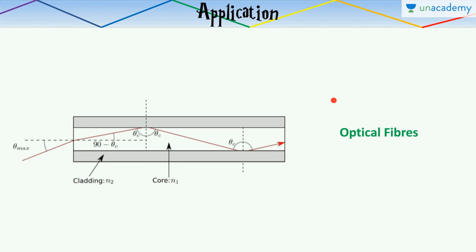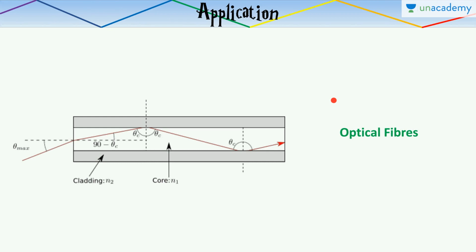It transports light from one end of the world to the other end of the world with the least amount of loss, because most of the energy is reflected and nothing is absorbed. At least most of it is not absorbed. Most of it is transmitted along the optical pipe or the optical fiber.